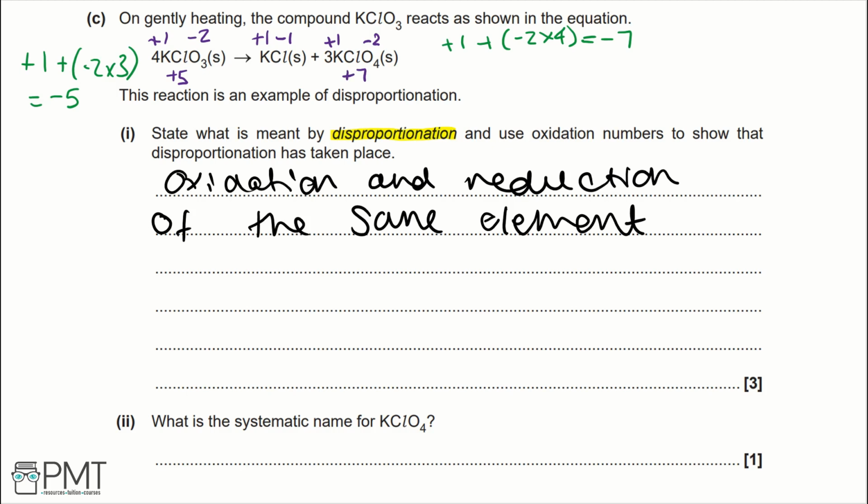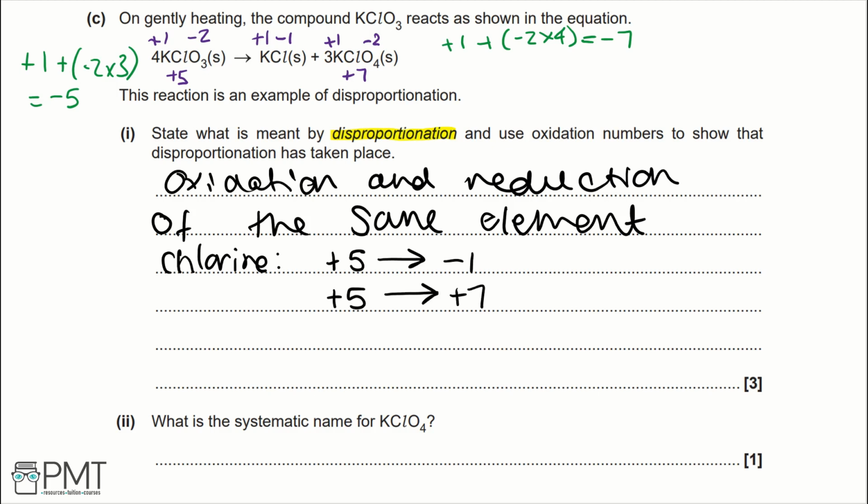So, when answering the question, we can say chlorine has a +5 to -1 oxidation state change and a +5 to +7 change.